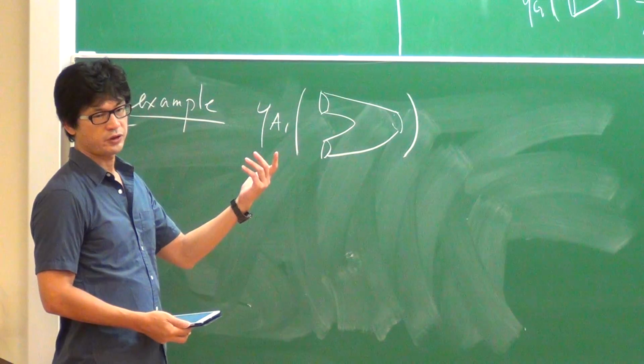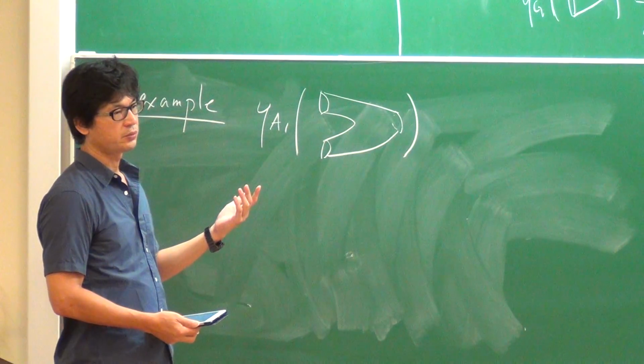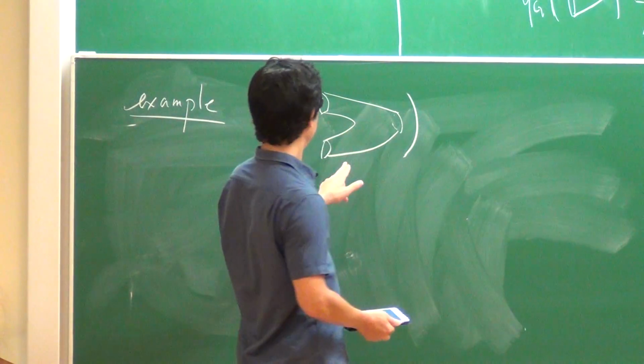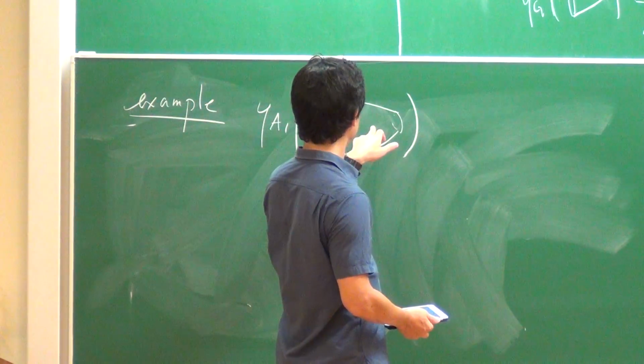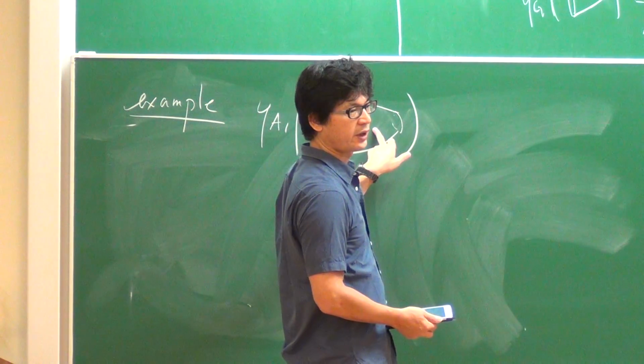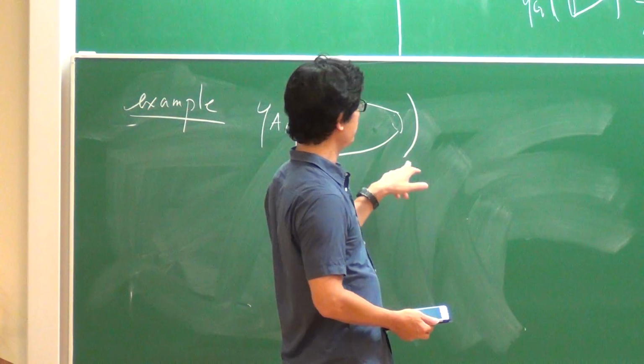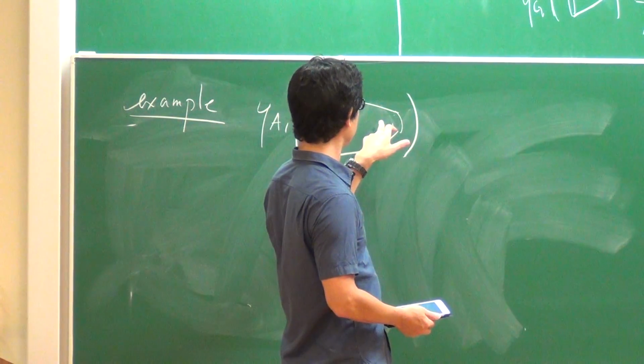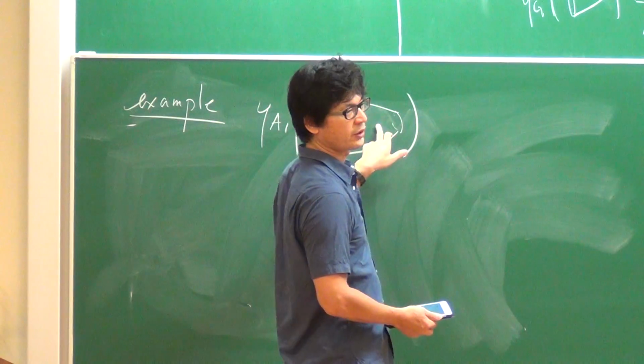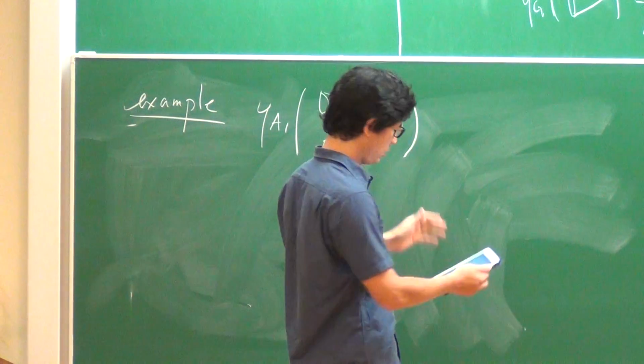Because there is lots of symmetry in the category, it's enough to define this symplectic variety and check a certain compatibility. So if you can define this symplectic variety, you are done.